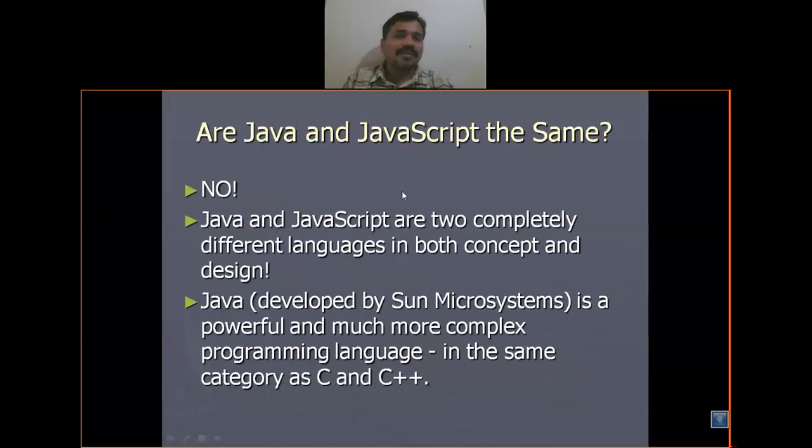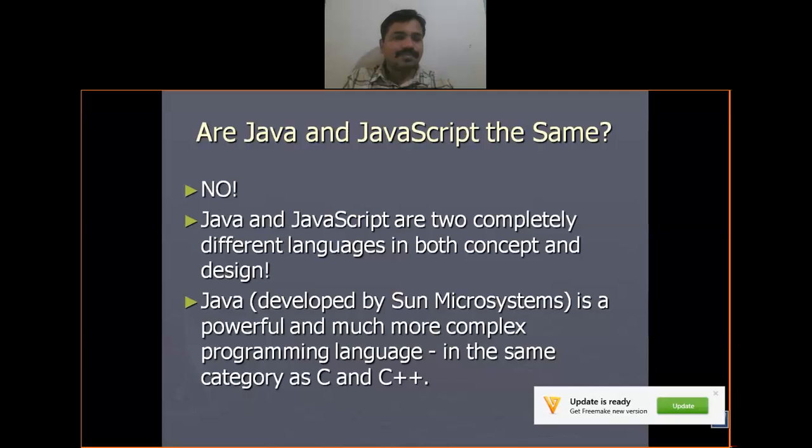What is the difference between Java and JavaScript? As the names suggest, Java and JavaScript are completely different, and the companies are also different. They are two completely different languages, in both concepts and design.